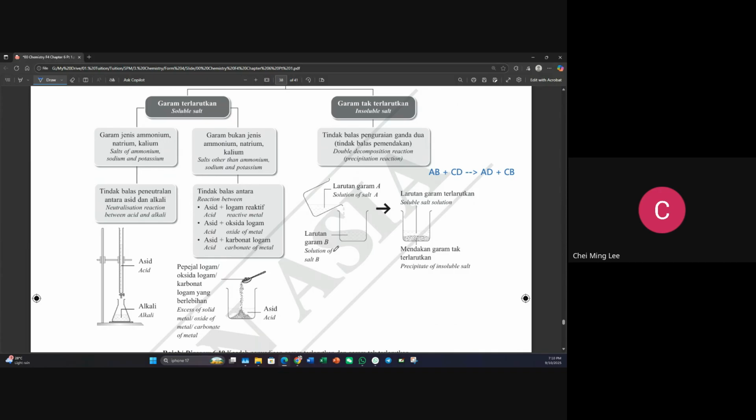To make sure that all the acid has been neutralized, or substituted into salt. That's why they need excess solid metal oxide.